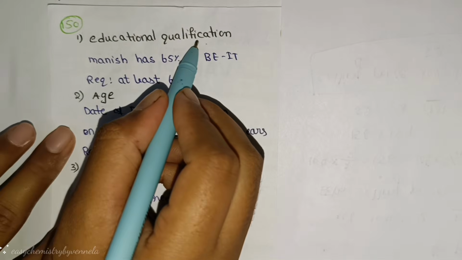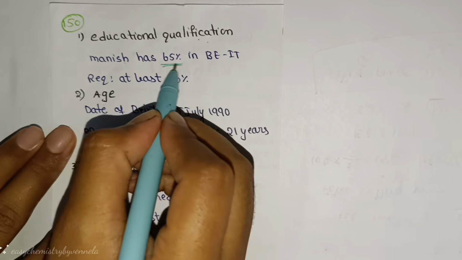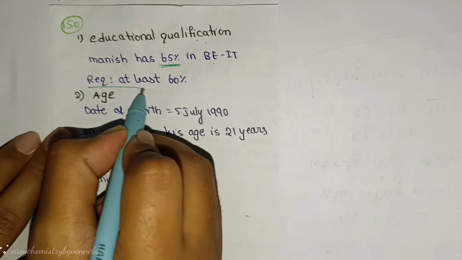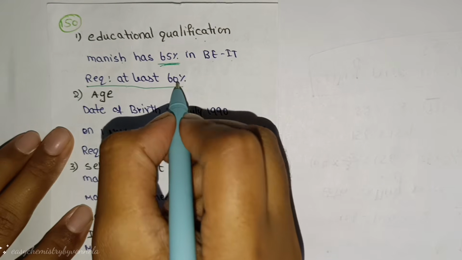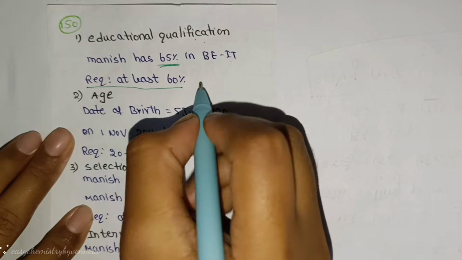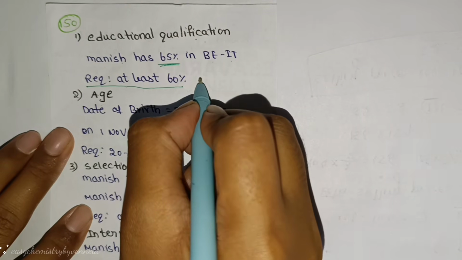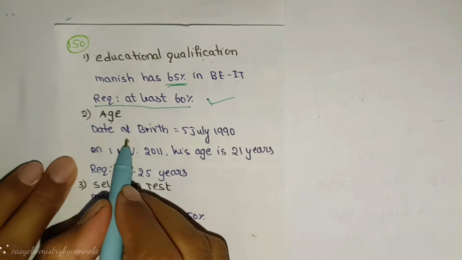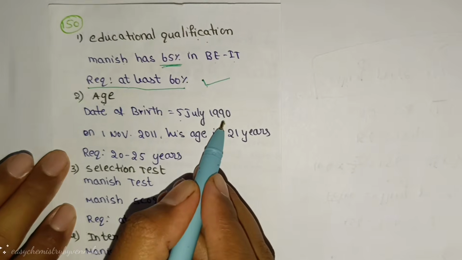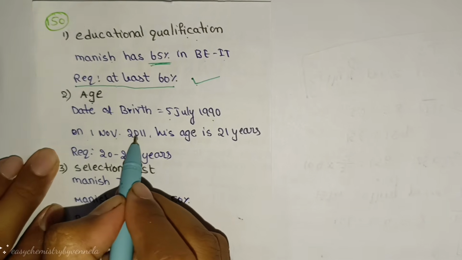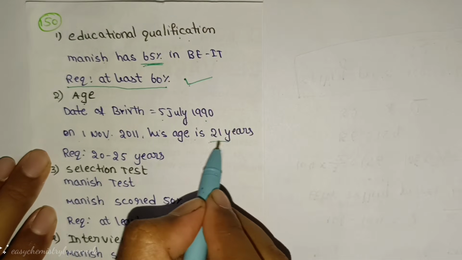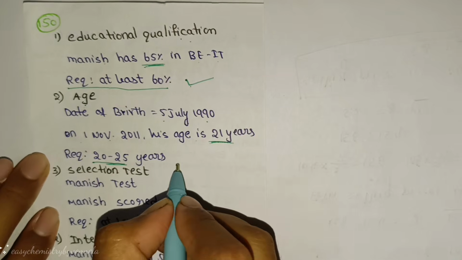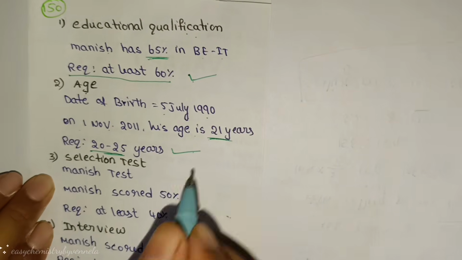First one, educational qualification. Manish has 65% in BE IT. What is required? At least 60%. So this educational qualification is sufficient. Next, age. Date of birth 5th July 1990. On November 1st, 2011, his age is 21. What is required? 20 to 25. This is also sufficient.